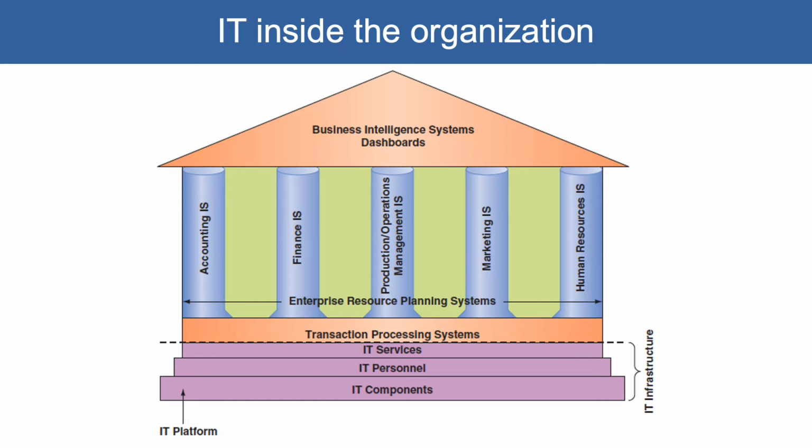Now, at the top, what we're seeing, the business intelligence systems or dashboards, these are more management systems. So these are information systems that are going to be integrating data that's coming from a whole bunch of different sources, and which is specifically geared towards managers or people who are making decisions.